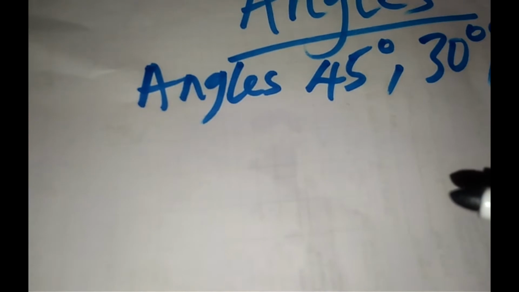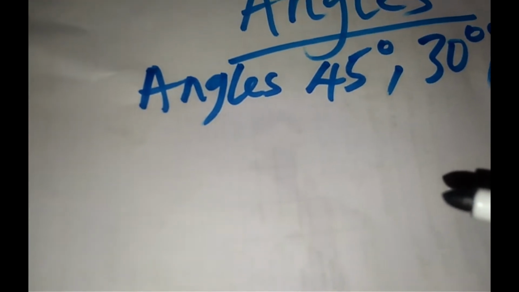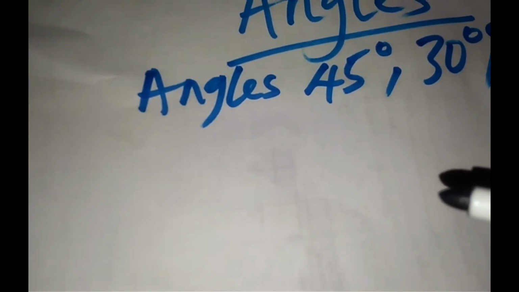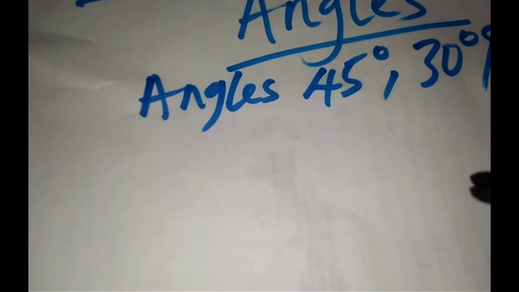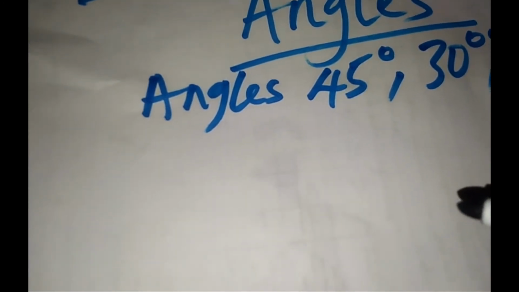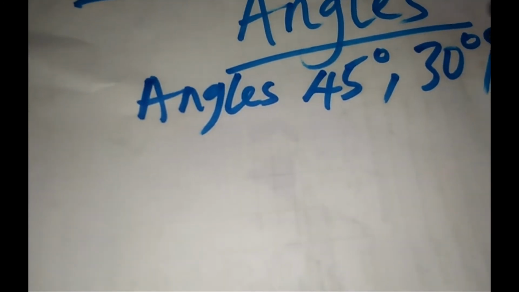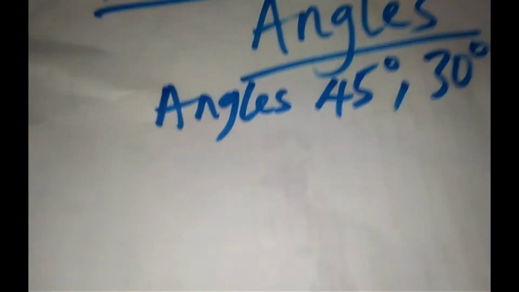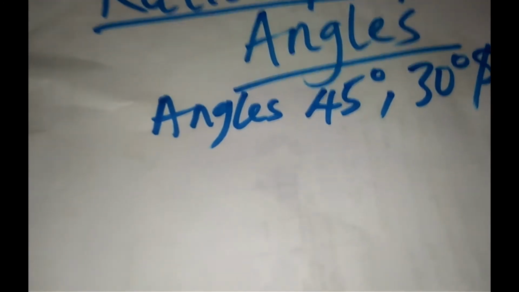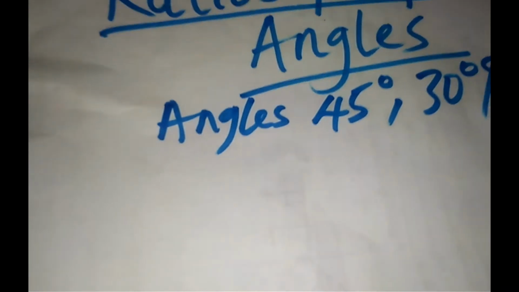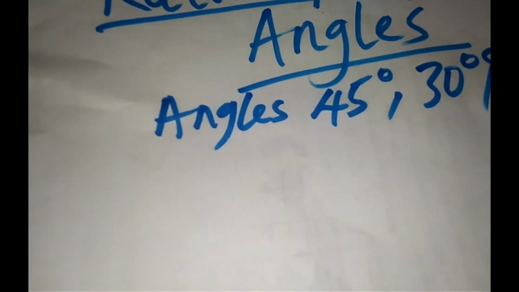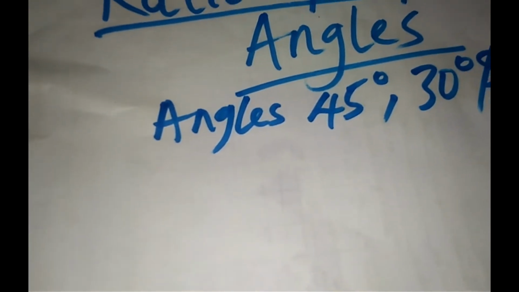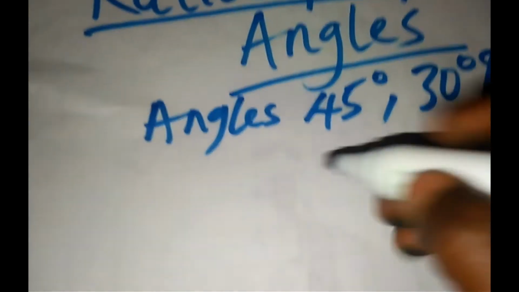So let's assume you're given an isosceles right angled triangle with sides having 1 unit. Okay, so by isosceles I mean that two of the sides will be equal.